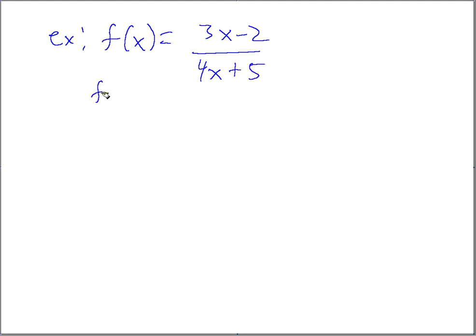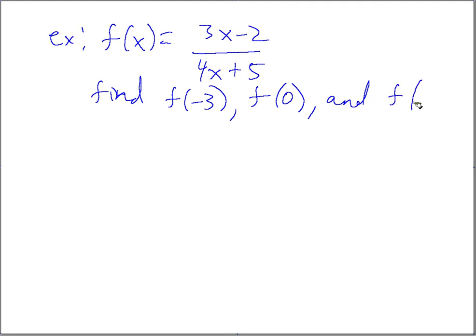Let's go ahead and find f of negative 3, f of 0, and let's find f of negative 5/4. All right, so let's plug it in, basically. Plug these values in for x to get their range values, right?